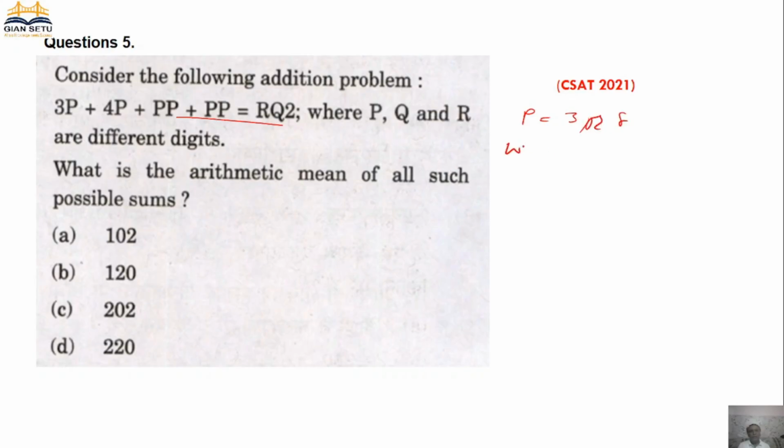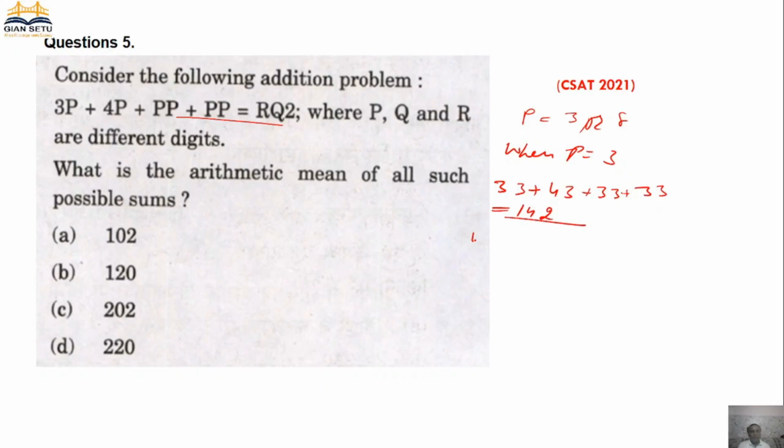When p is equal to 3, the numbers on the left hand side will be 33 plus 43, again 33, again 33, and the sum will be 142.